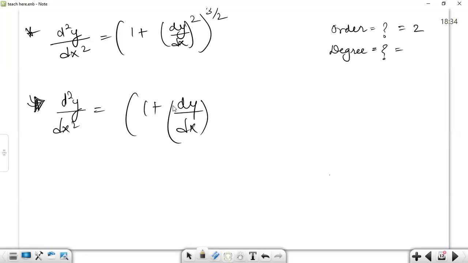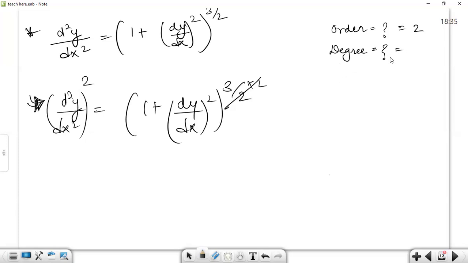Yes, but the power is a fraction, right? So we can square both sides. Then the 2 will get cancelled. Here the exponent will be 2. Now the power is in integer form. So now tell me, what is its degree?